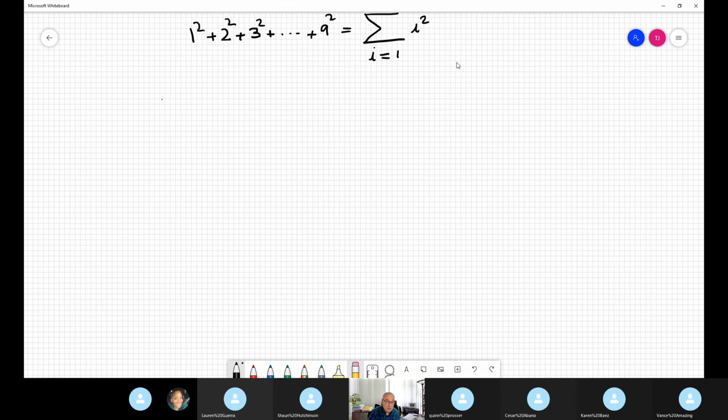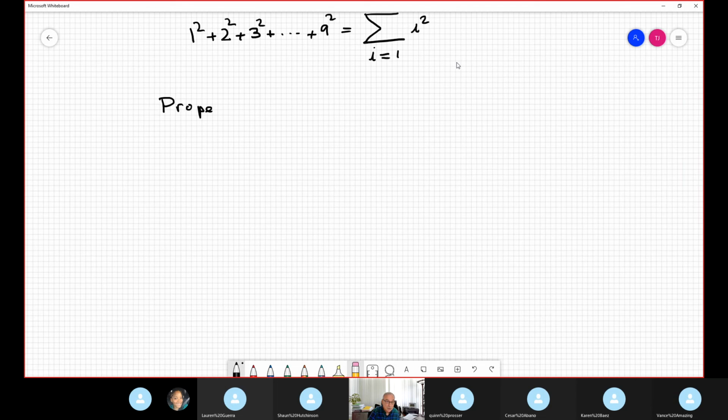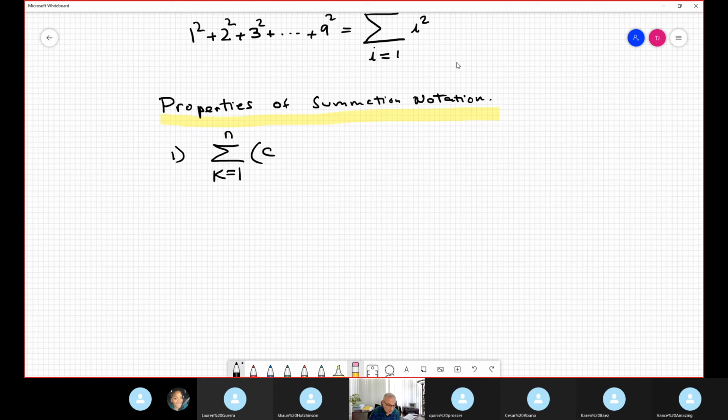I want to study in detail now the properties of summation notation. The first property is when you have summation from k equals 1, I always declare k, to n, and inside we have a constant, c, just a number, times a sub k.